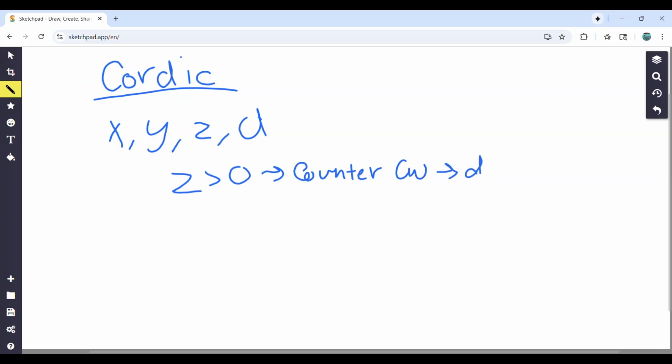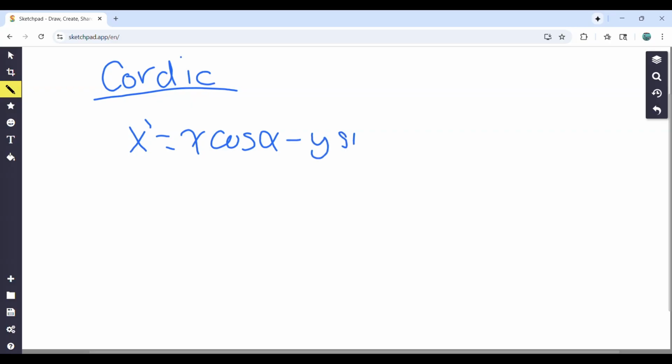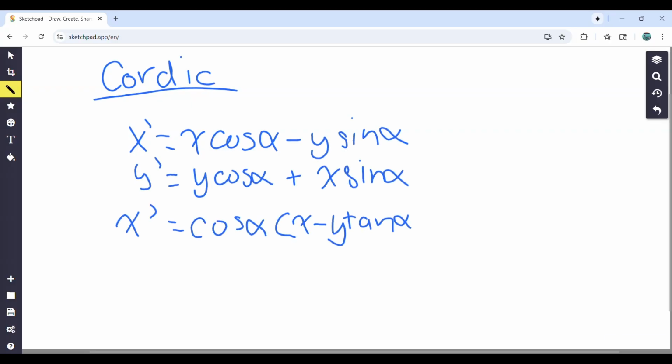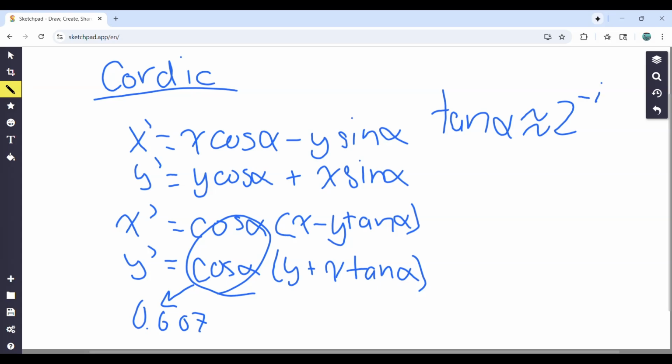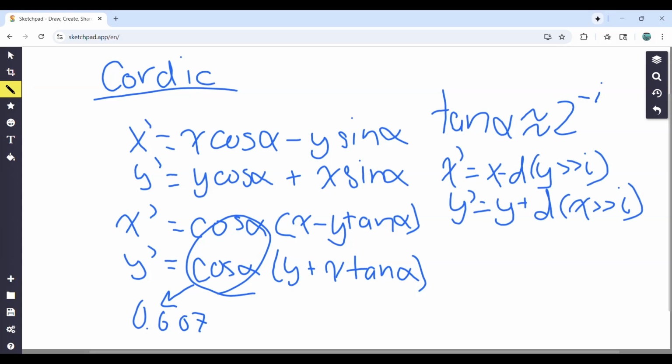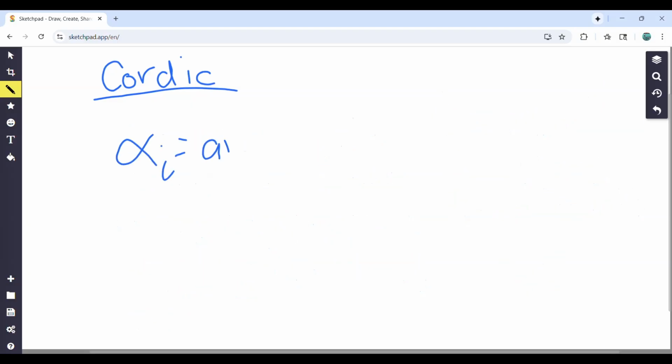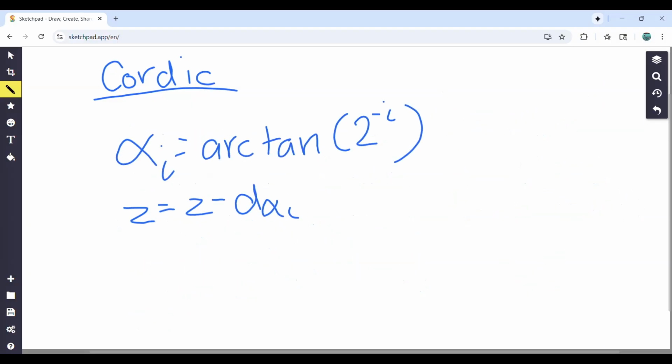Update z using z equals z minus d times alpha i. After enough steps, x equals cos theta and y equals sine theta. There's no multiplication or division anywhere. This method lets you rotate a point on the unit circle entirely using simple binary logic, which is why CORDIC is perfect for low-power processors, FPGAs, or even logic gates in Minecraft.